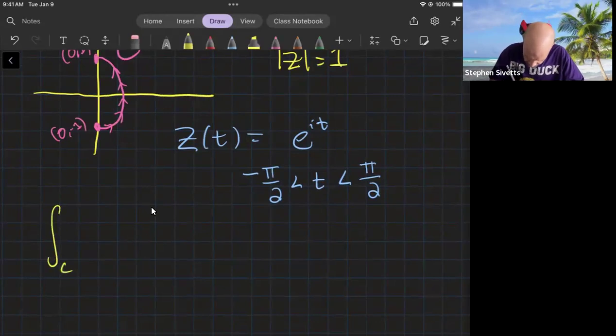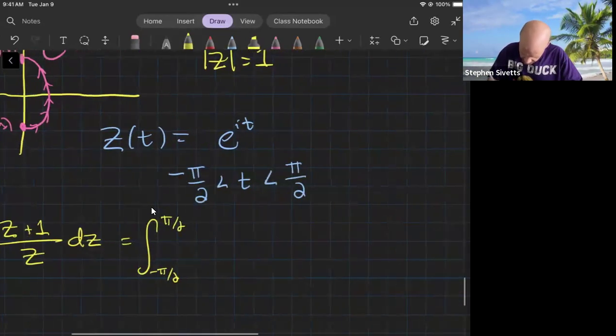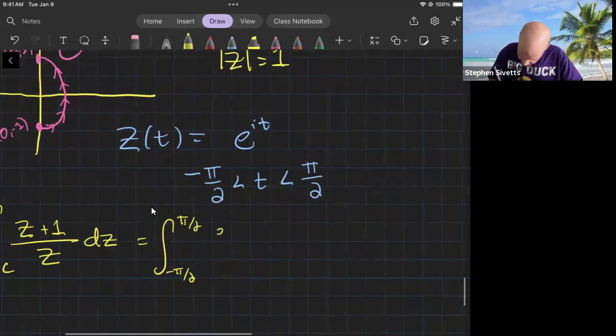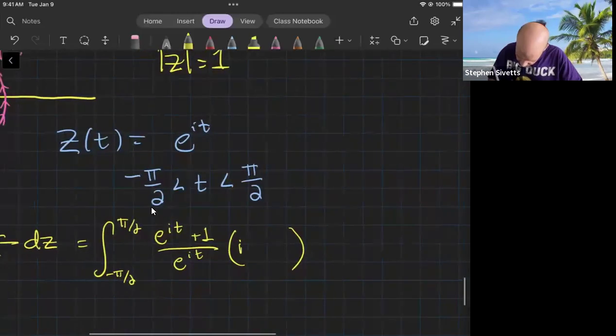Okay, so this integral of z plus 1 over z dz equals the integral from -π/2 to π/2 of e to the it plus 1 divided by e to the it, times z prime of t, so that is i times e to the it dt.